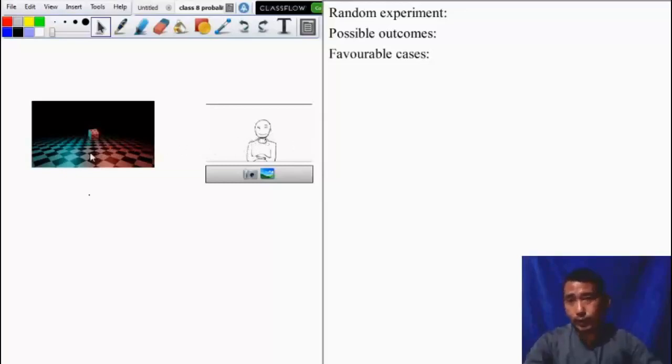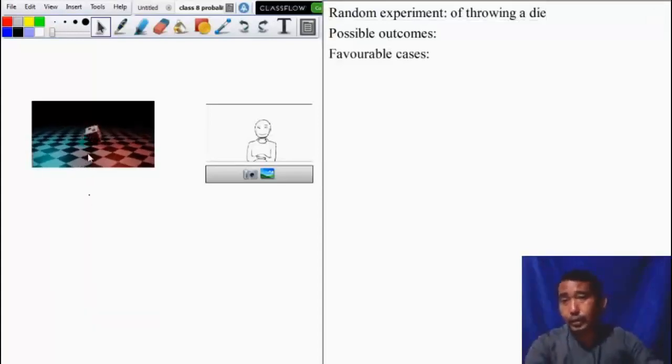Now for the first random experiment, that is throwing of a die. In this first case, the possible outcomes are 6, because from 1 to 6, any number can come out.